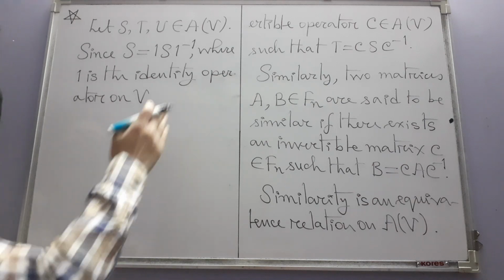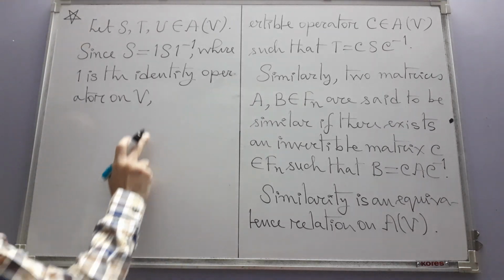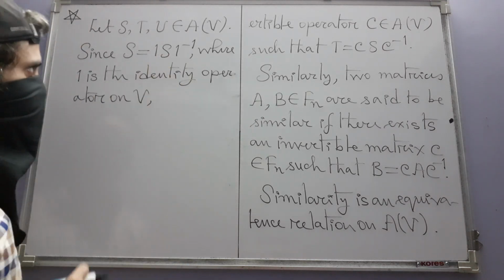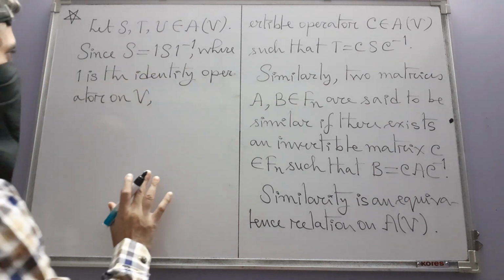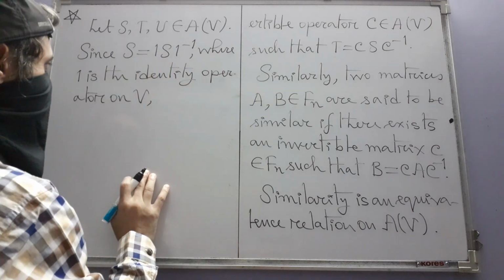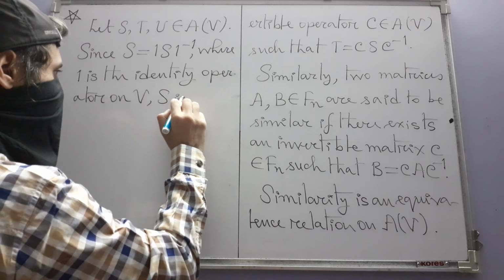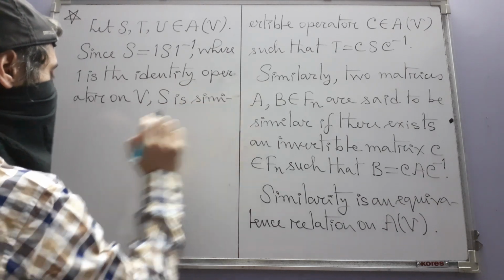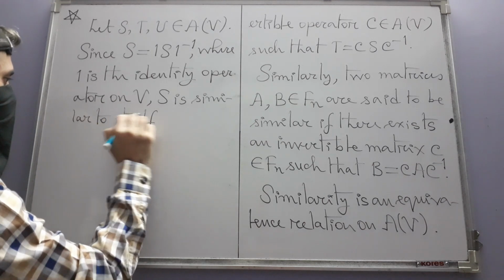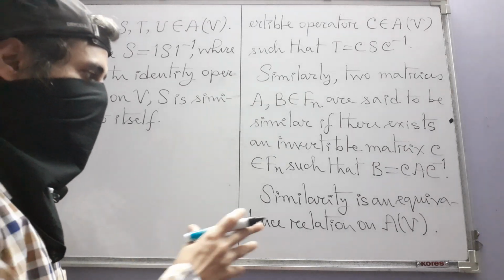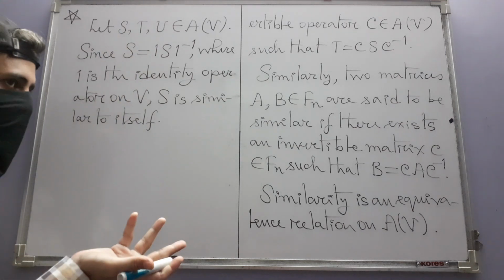And it is known that it is invertible with itself as its inverse. And when you take the product of 1 and any element of it, because it's the unit element, you get the element back. So from this equation, we get the fact that S is similar to itself. This proves that similarity, this binary relation, is reflexive because every element is similar to itself, it's related to itself.